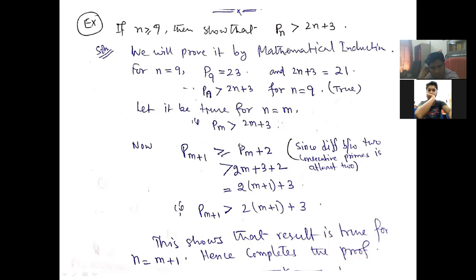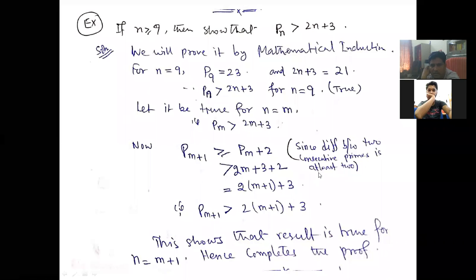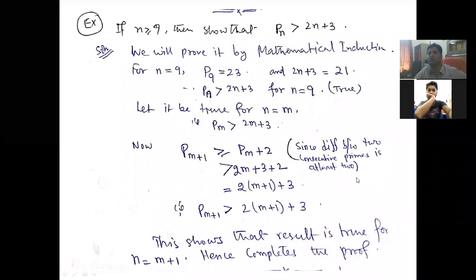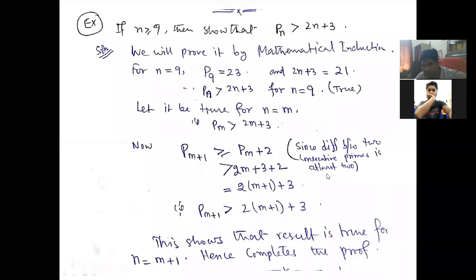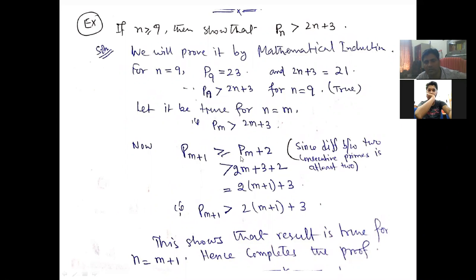So this is pm plus 1 greater than or equal to pm plus 2, since the difference between two consecutive primes is at least 2.